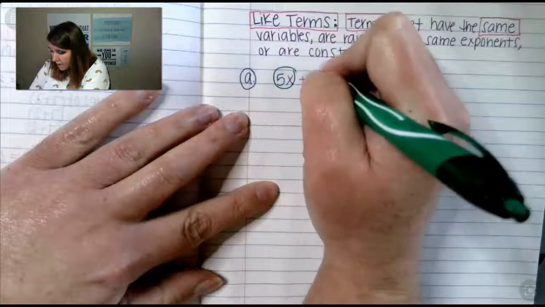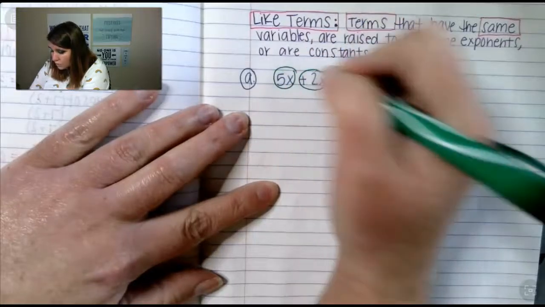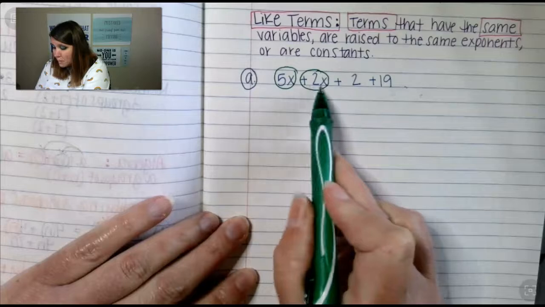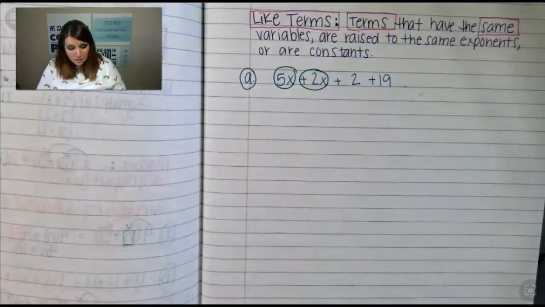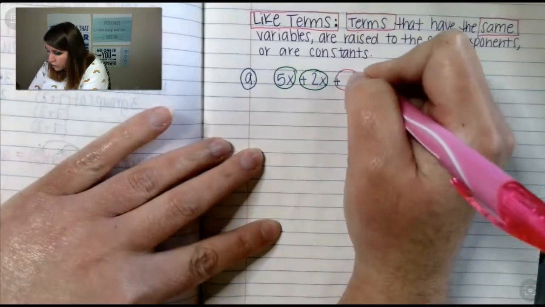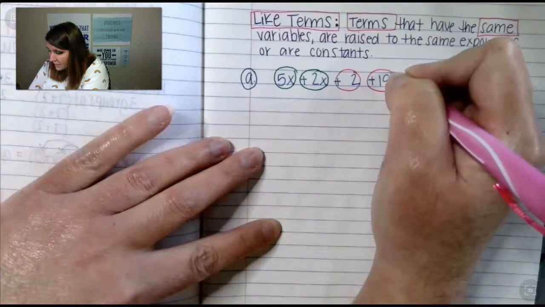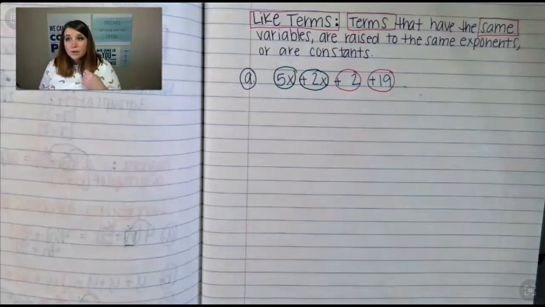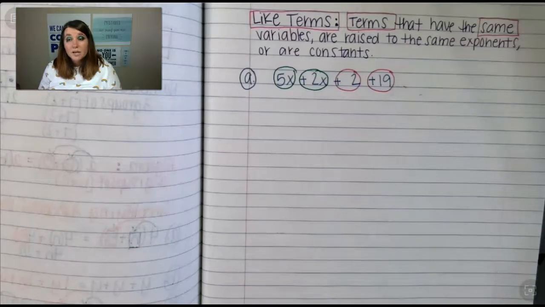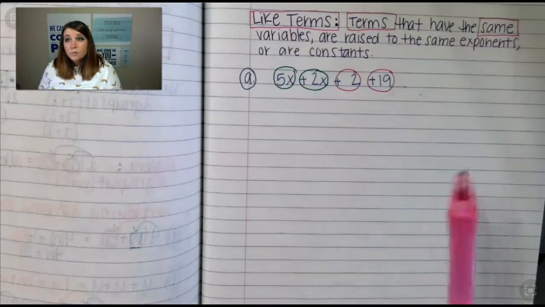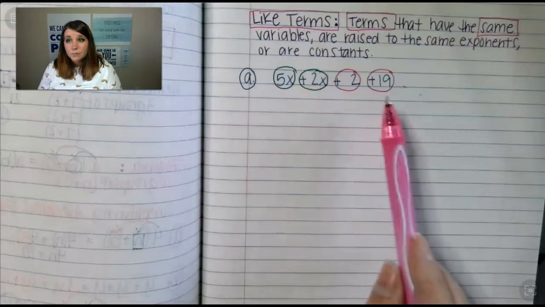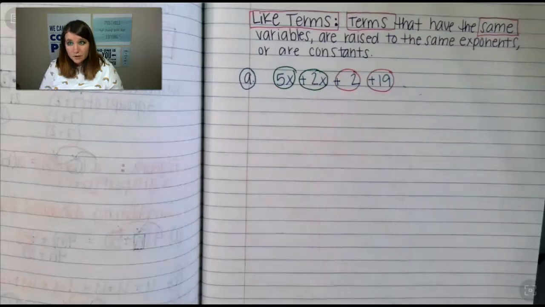This 5x and this 2x are the same because they both have x's. This 2 and this 19 go together because they're both constants. They're both numbers, so they can go together.